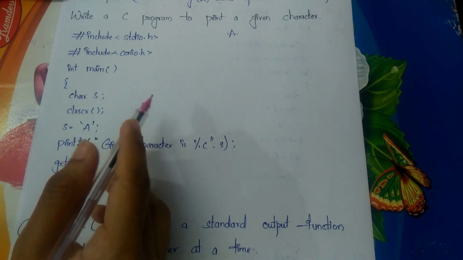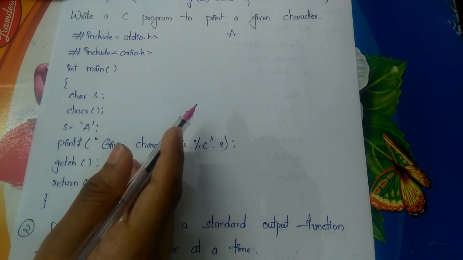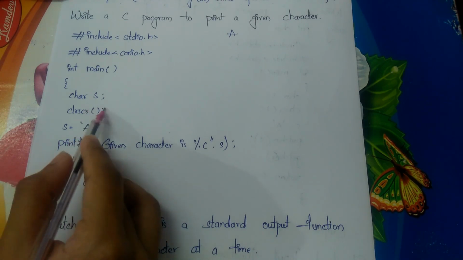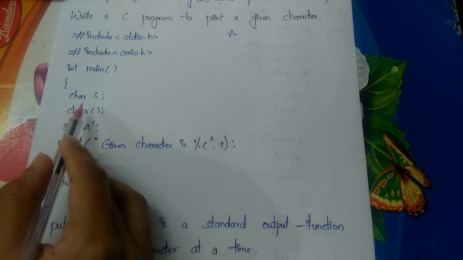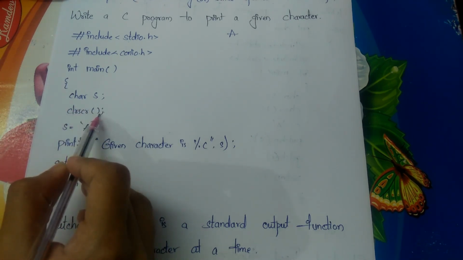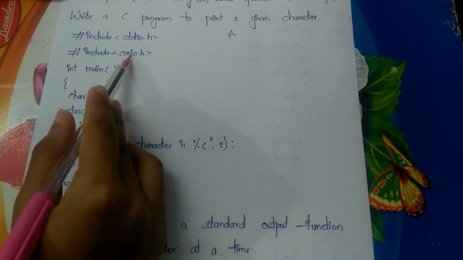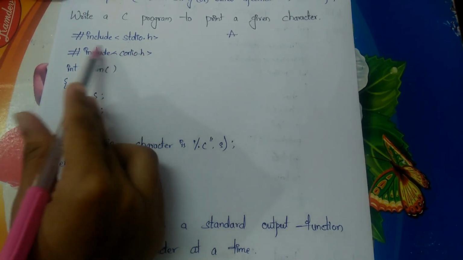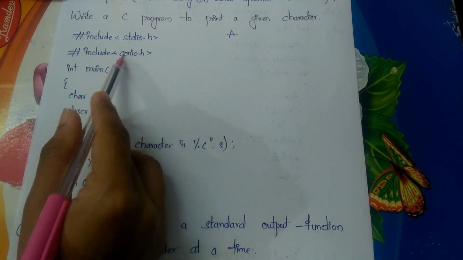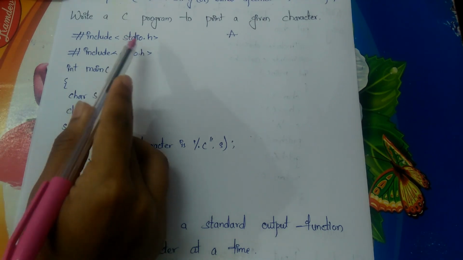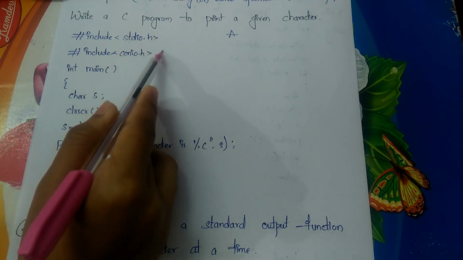So the previous program output may be displayed on the console or the output screen. To clear the previous output, we use the clear screen function. But this clear screen function is defined in conio.h, so for that we are including the header file conio.h. Now the header files are included.